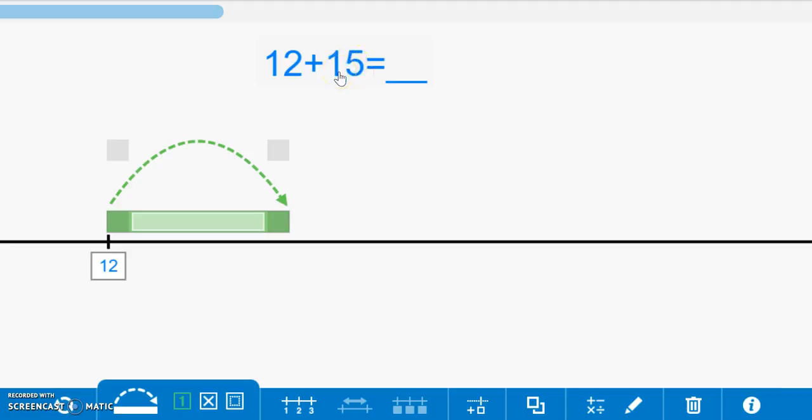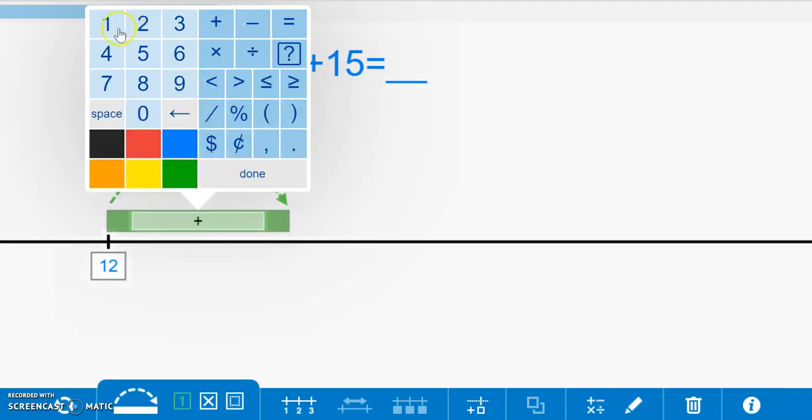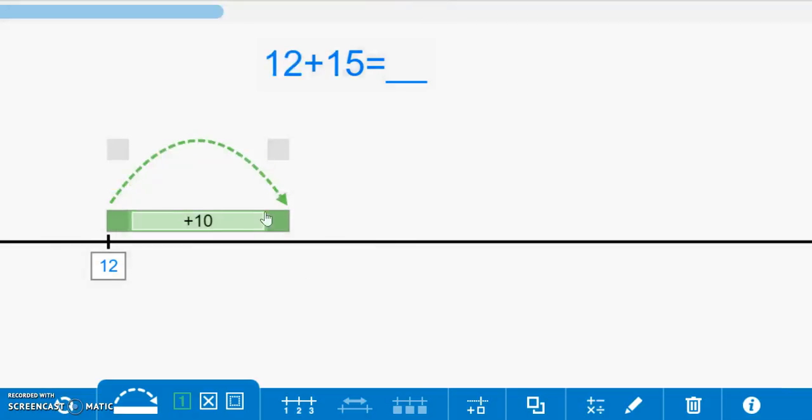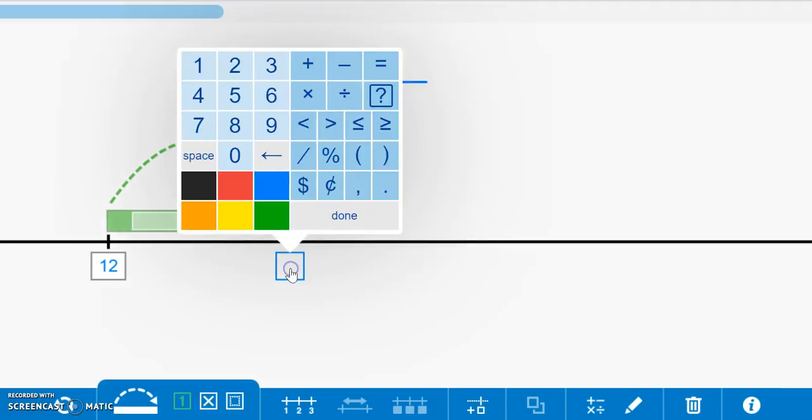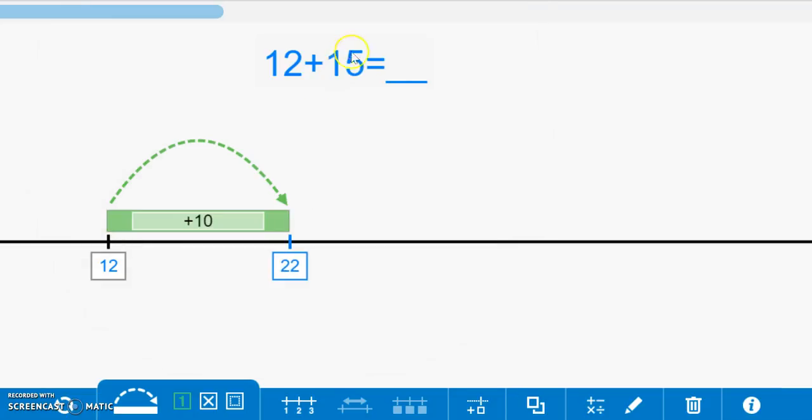So I'm going to start with a hop of 10. So I'm going to label my hop with plus 10. And if I was at 12 and I hopped 10, I would land at 22. Now I have to hop 5 more.